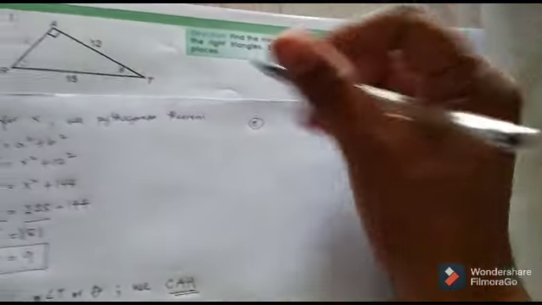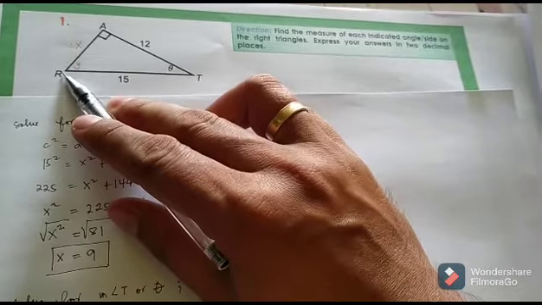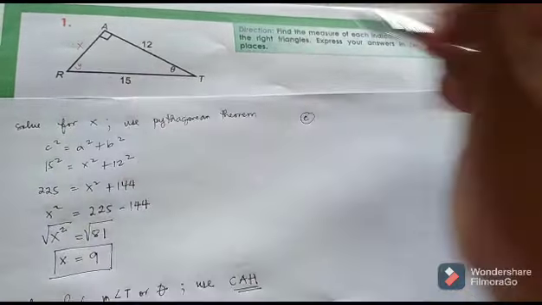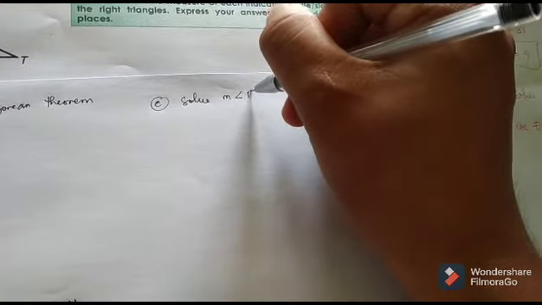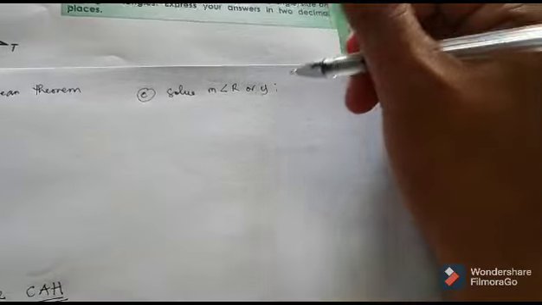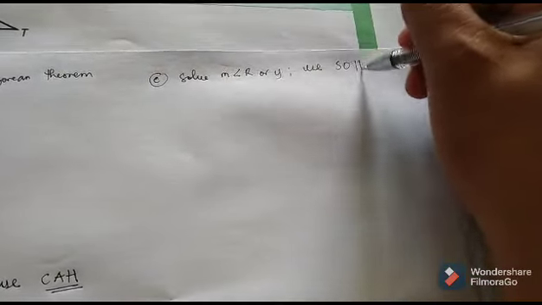Okay, so next up, we will solve for the measure of angle r, which is represented by y. So to solve for the measure of angle r or y, we'll use SOH.